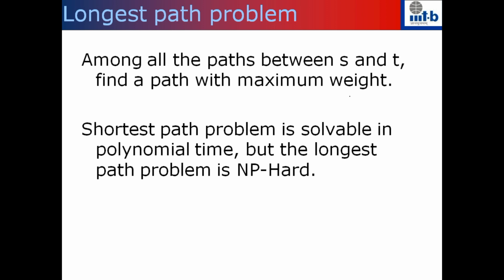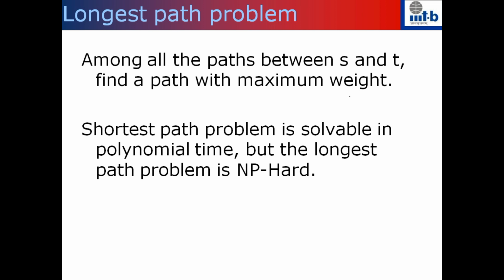What is known is that we will see three algorithms which are efficient, solvable in polynomial time, but the longest path problem happens to be NP-hard. What it means is that there is no polynomial time algorithm known for the longest path problem.